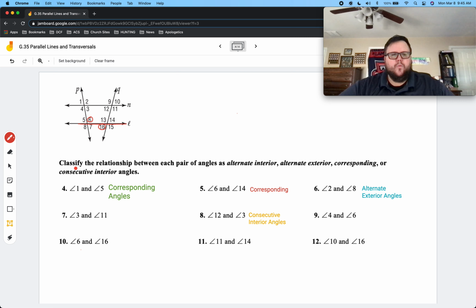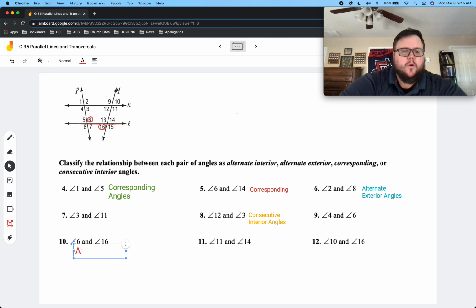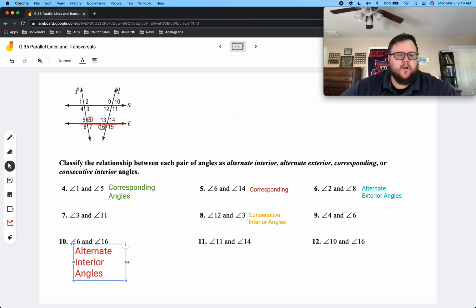So that's all we need to know. That means that they are alternate interior angles.